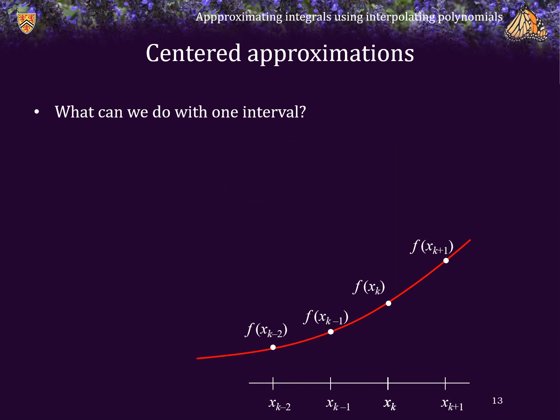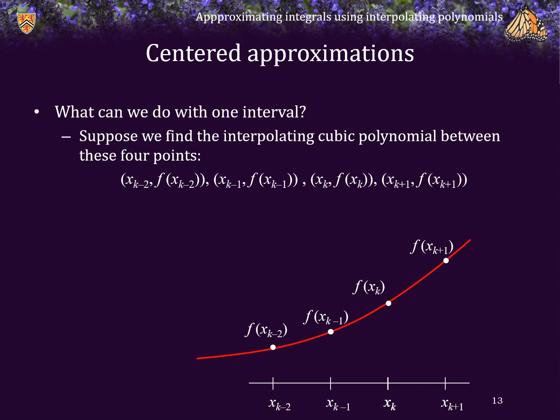Now, one issue with Simpson's rule is that it requires us to have information about 2 time intervals, for example, or 2 spatial intervals. Can we find a better approximation with only 1 interval? So basically, can we find a better approximation of the integral from x sub k minus 1 to x sub k, but one that's better than the trapezoidal rule? Well, what we could do is take 4 points and find an interpolating cubic.